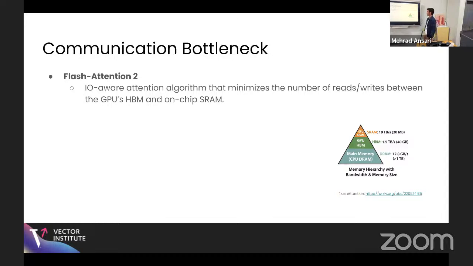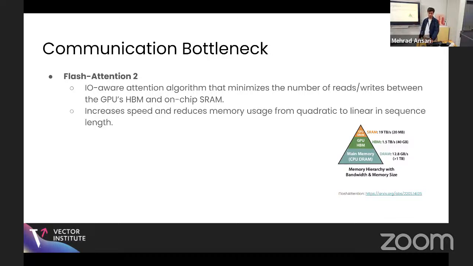So what flash attention does is that the computation for your attention multiplications, the matrix multiplications, are tiled. Each tile is computed on the SRAM, which is super fast. This increases speed and reduces memory usage from quadratic to linear in terms of sequence length.